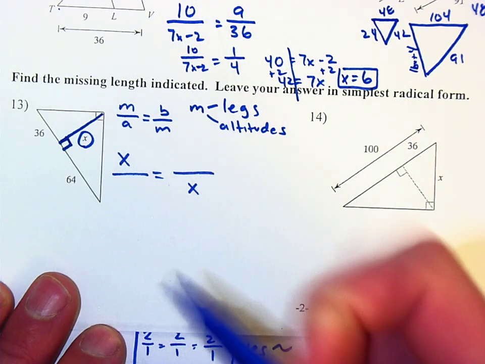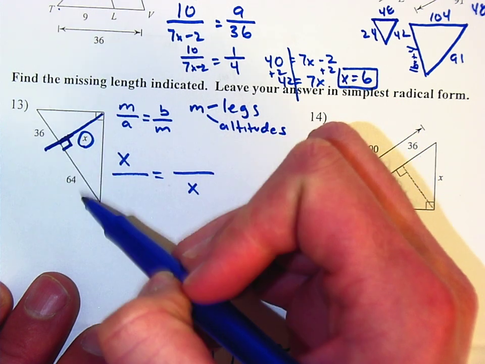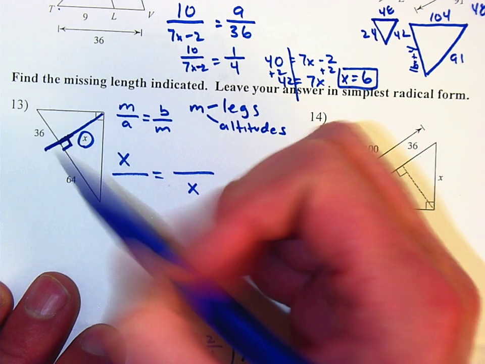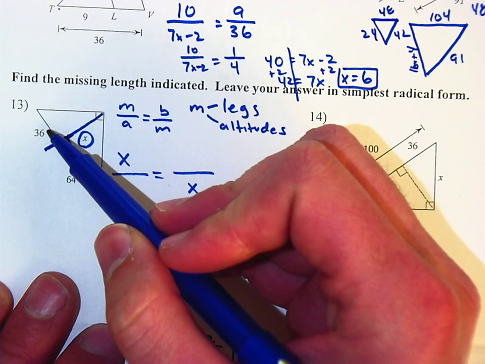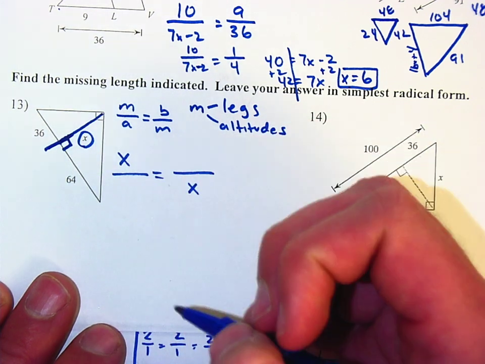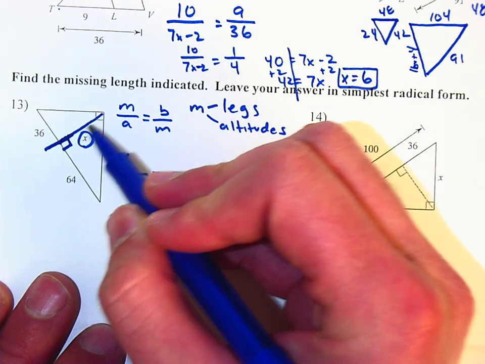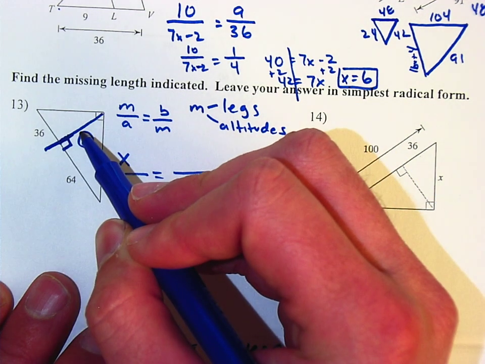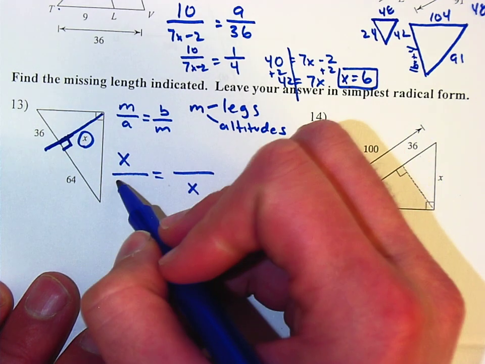Well, when we have an altitude, it splits this whole side, or this hypotenuse, into two pieces. Our two pieces in this instance are 36 and 64. And when we use the altitude, because it splits it into two pieces, we plug in the rest of our formula with those two pieces.